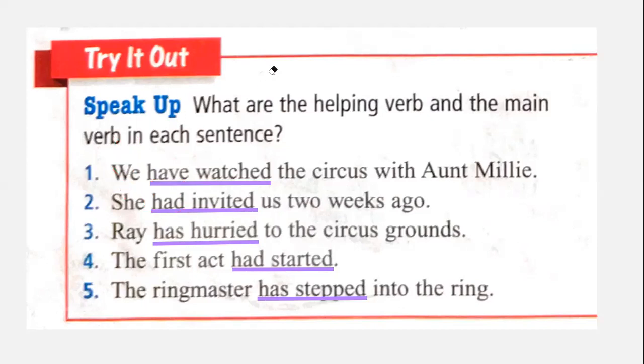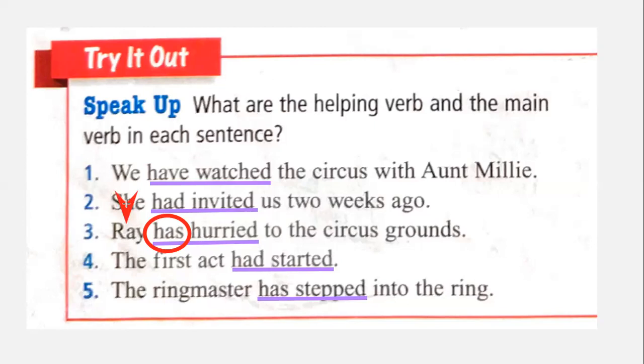Okay, so let's go to number 3. Identify the helping verb. Ray has hurried to the circus grounds. And if you identified has as the helping verb, then you are doing a magnificent job. You're doing a great job. Now let's look at the subject. Ray.